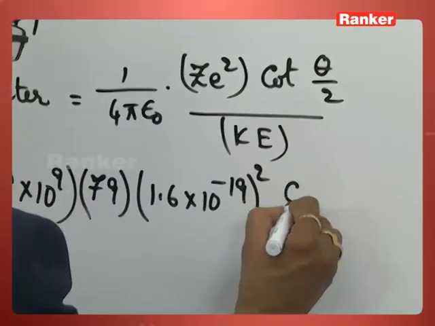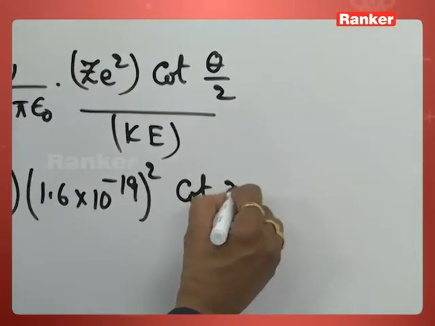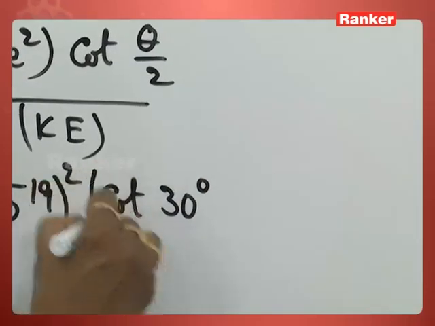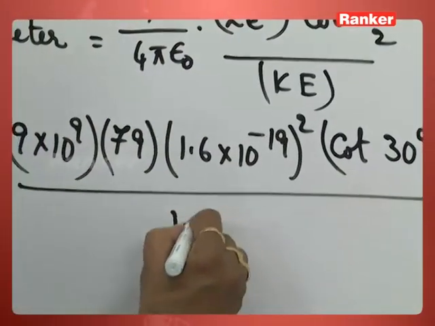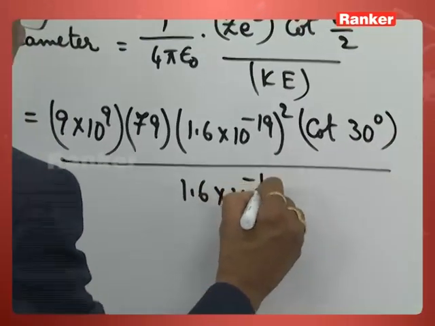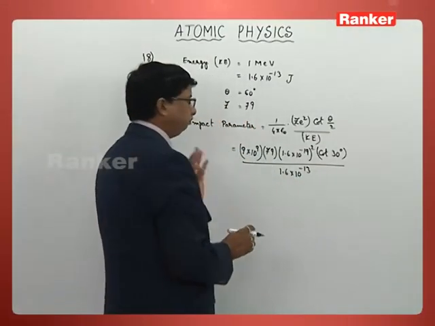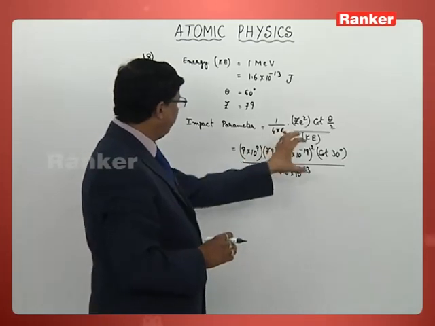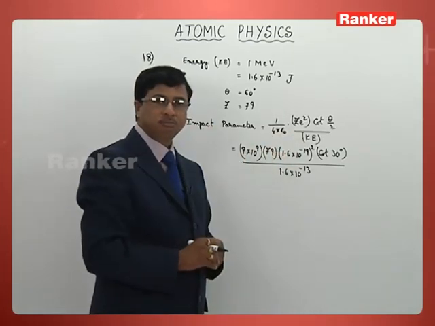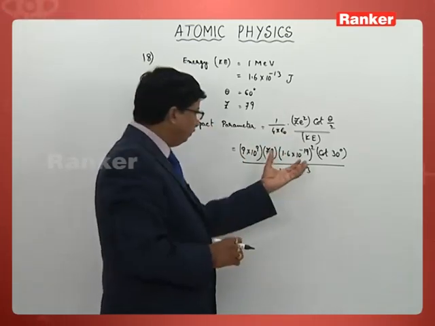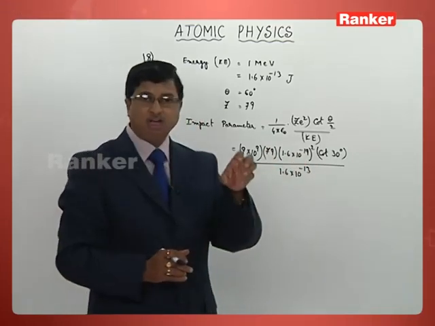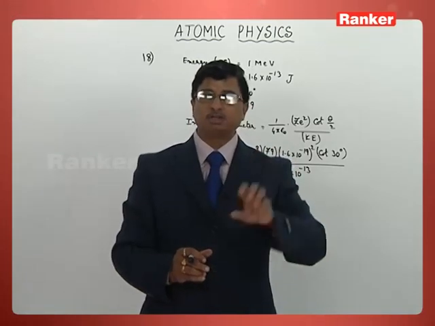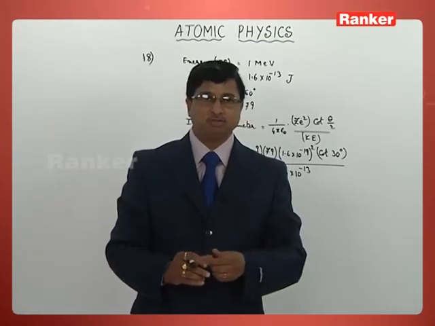Cot theta by 2 now becomes cot 30 degrees, whole divided by 1.6 into 10 to the power minus 13 joule. All the values are known to you. So you just simplify this. Whichever option tallies out of the 4 options mentioned will now be your answer.